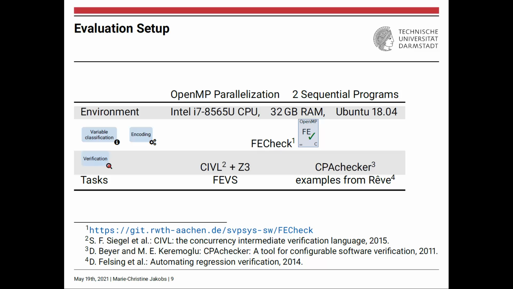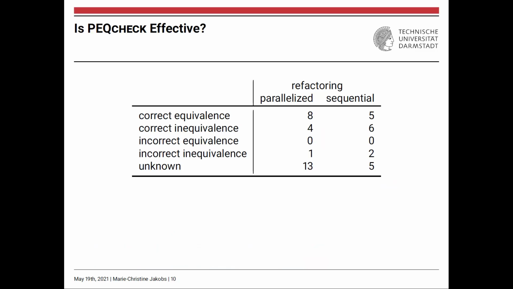While for the second scenario, which only looks at refactorings that consider sequential programs and result in sequential programs again, the verifier is a sequential verifier for sequential programs, CPAchecker, and we look into examples used in another paper that presented an approach on functional equivalence checking. So now let's have a look at the evaluation results.